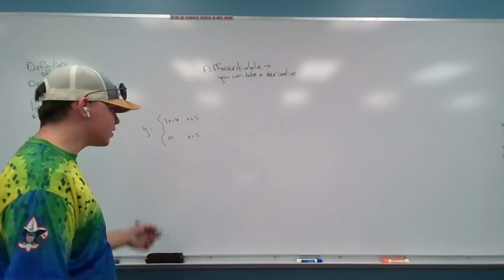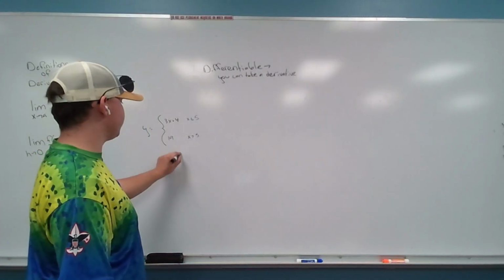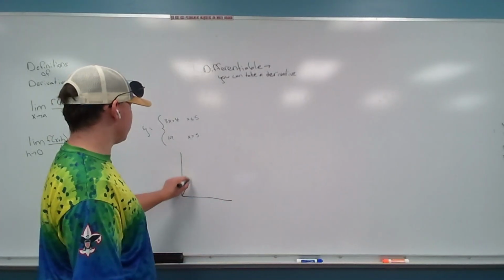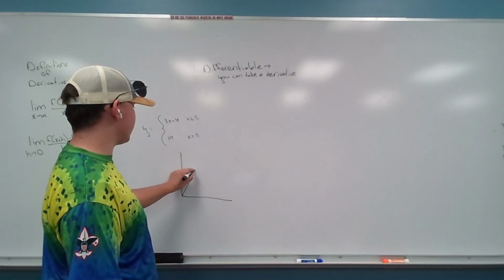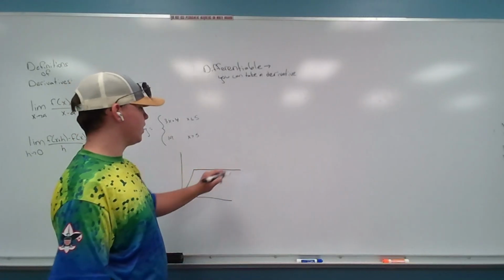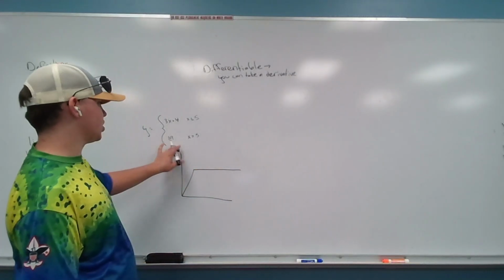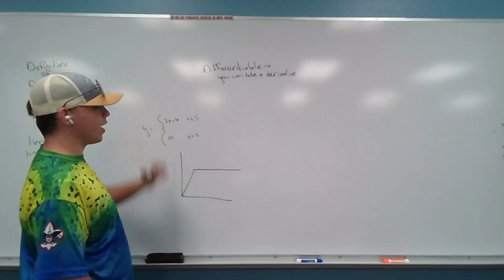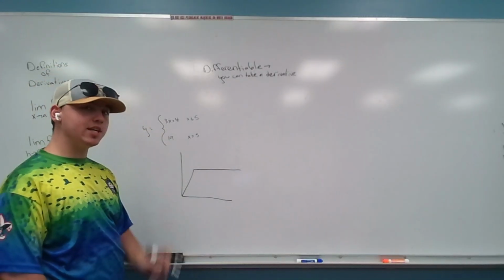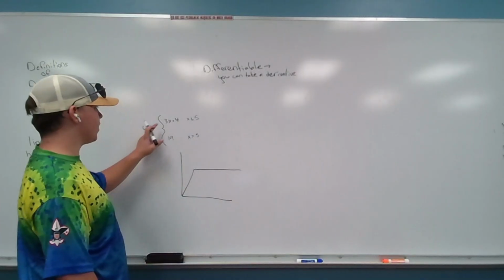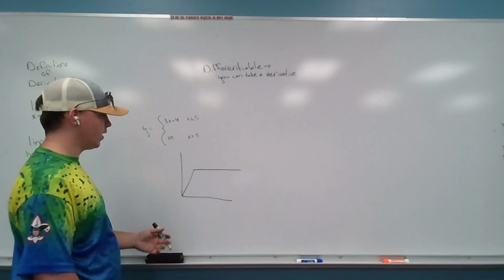On a graph, this would look pretty simple. It's just going up until you get to x equals 5, and then it just flattens out with a slope of 0. Now, both of these functions, y equals 19 and y equals 3x plus 4, you can take a derivative of both. The derivative of 19 is 0, and the derivative of 3x plus 4 is just 3.